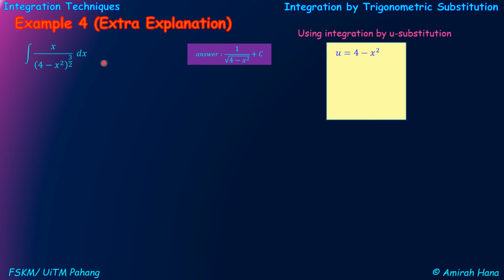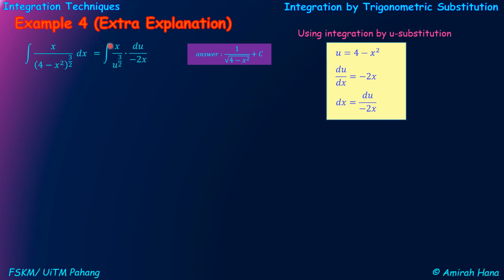So now let's say our u equals 4 minus x squared, and when we use U-substitution, we need to differentiate. du over dx equals negative 2x, and after that, we write dx as the subject. So we just cross multiply, and we get dx equals du over negative 2x. After that, we substitute back into the given question.